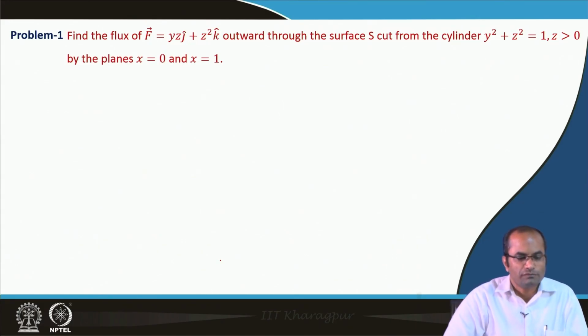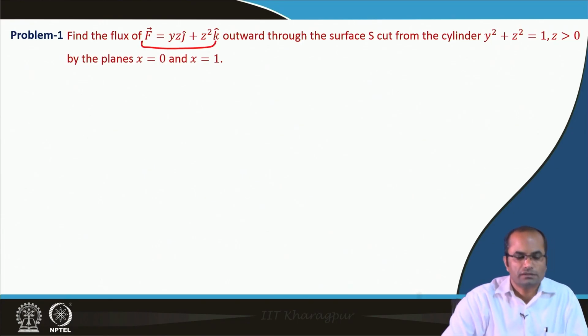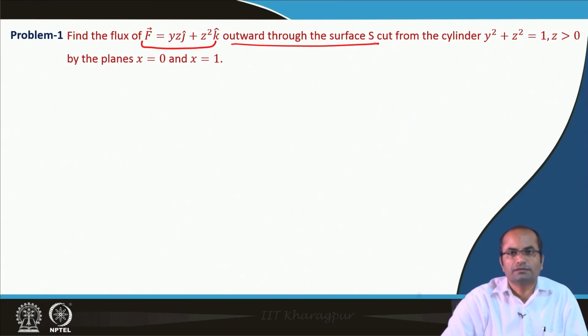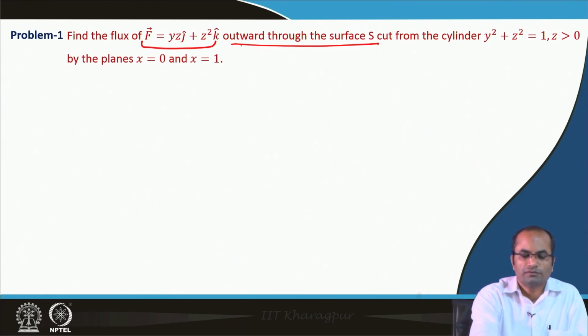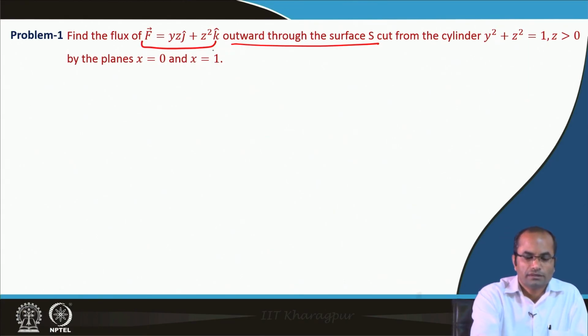The first problem: we want to find the flux. F is given as yz plus z squared, outward through the surface S. There will be inward and outward directions, and here we are going to take the outward direction.